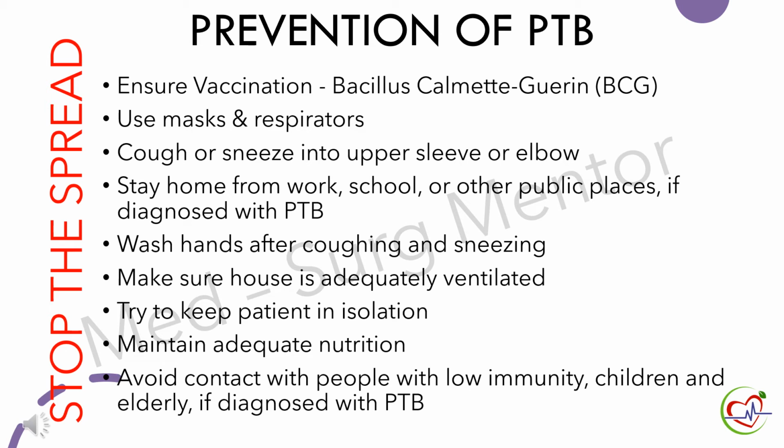They are: ensure vaccination, that is BCG, use masks and respirators in polluted environment, cough or sneeze into upper sleeve or elbow, stay home from work, school or other public places if diagnosed with pulmonary tuberculosis, wash hands after coughing and sneezing, make sure the house is adequately ventilated, try to keep the patient in isolation, maintain adequate nutrition, and avoid contact with people with low immunity, children and elderly if diagnosed with pulmonary tuberculosis.